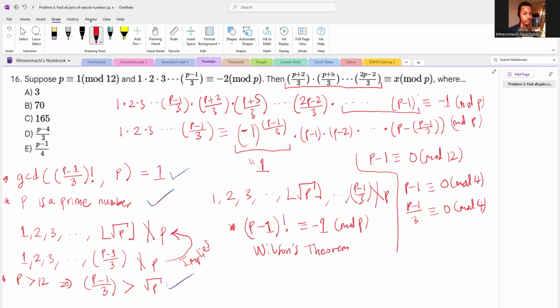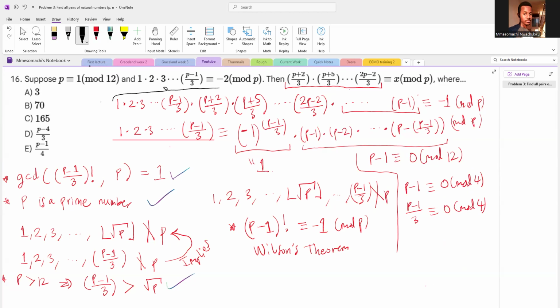Now it means we have that the product of the first P minus 1 over 3 numbers is congruent to the product of the last P minus 1 over 3 numbers in this P minus 1 factorial. So this term is congruent to x. Basically we have the first part of this product. Let me use a different color, black, for instance.